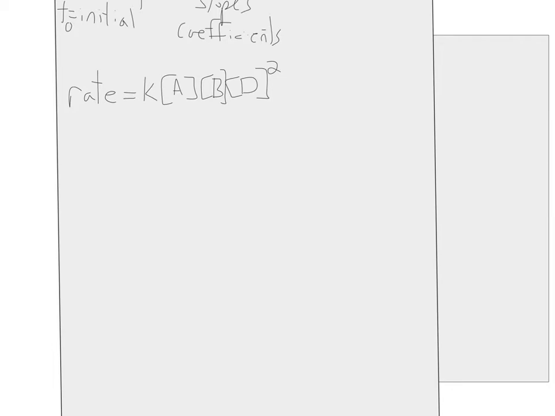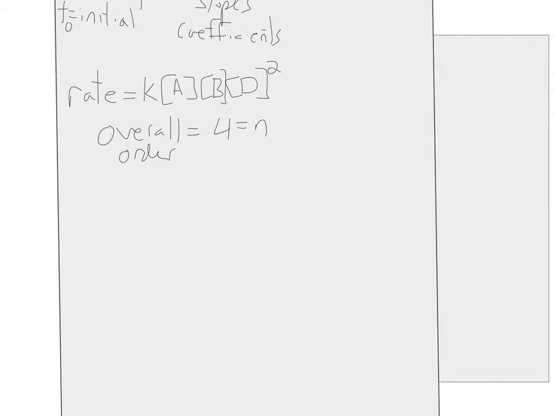So we want to analyze this by saying things like, okay, the overall order of this rate law is going to be fourth. N equals 4, and we say the order is going to be N.